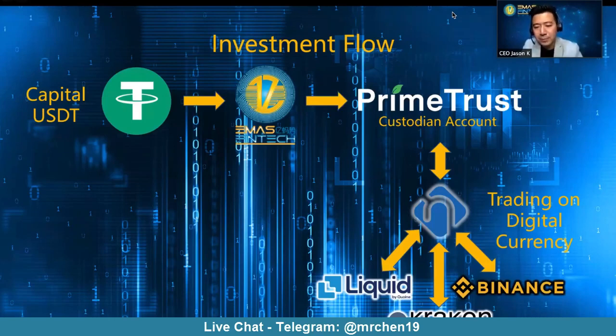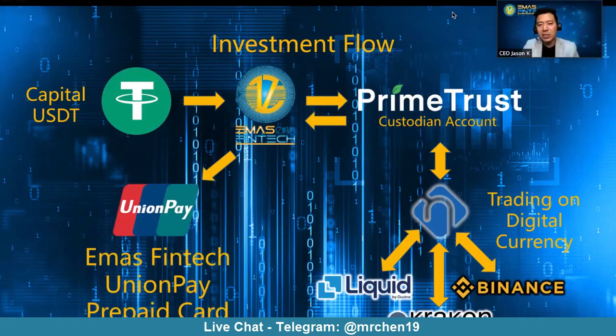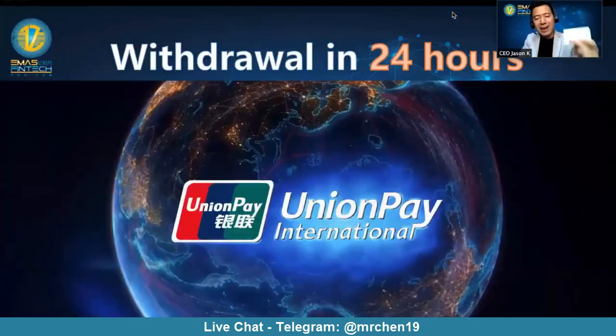After we make profit, we withdraw from Prime Trust to the Emas Fintech UnionPay prepaid card, which I'm holding here in my hand. We promise all our investors that you may get a UnionPay prepaid card once you invest with us, and we promise a withdrawal within 24 hours.